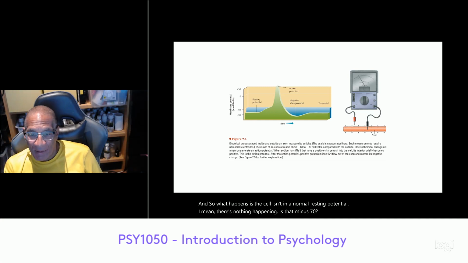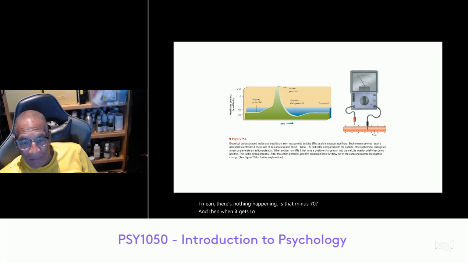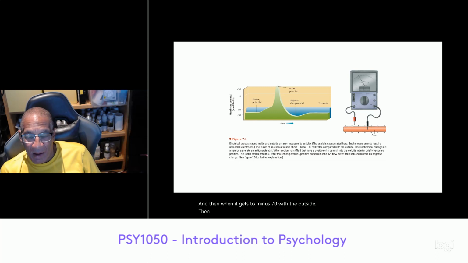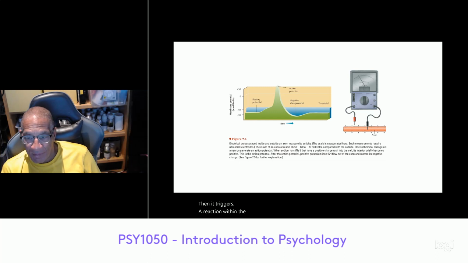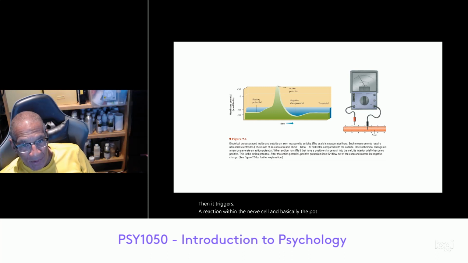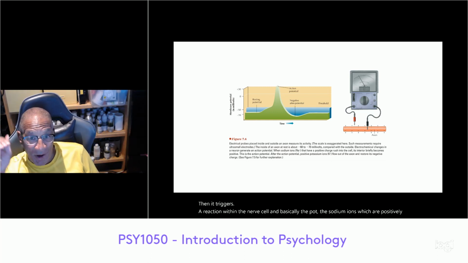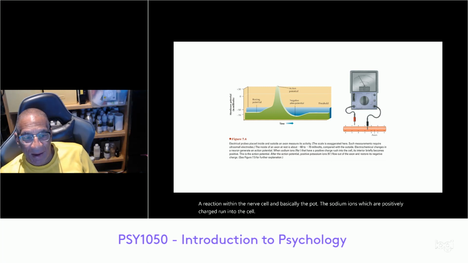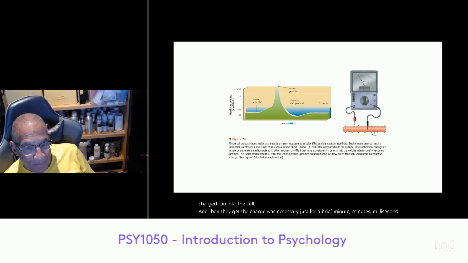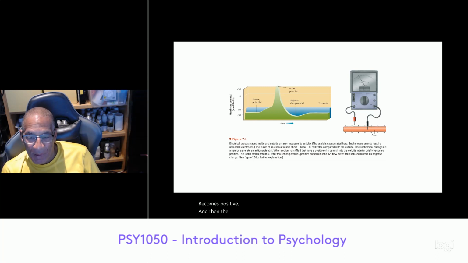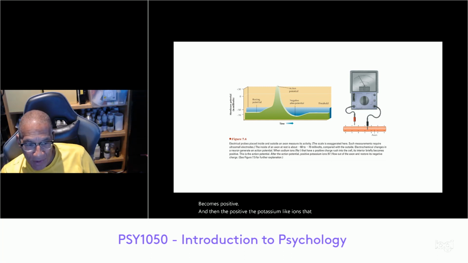And then when it reaches the threshold, it triggers a reaction within the nerve cell. And basically the sodium ions, which are positively charged, run into the cell, and then the charge within the cell, just for a brief millisecond, becomes positive, and then the positive potassium ions flow out of the axon, and it goes back to being negative.